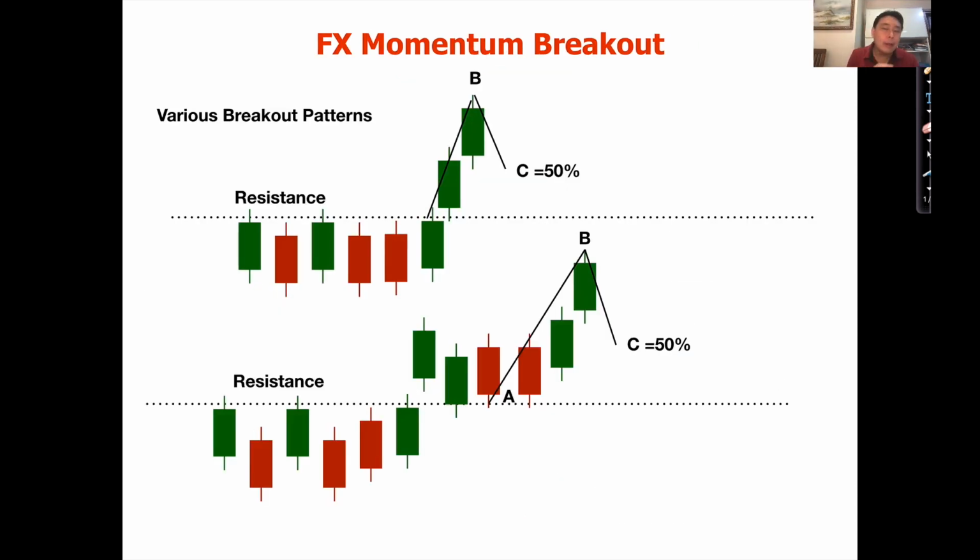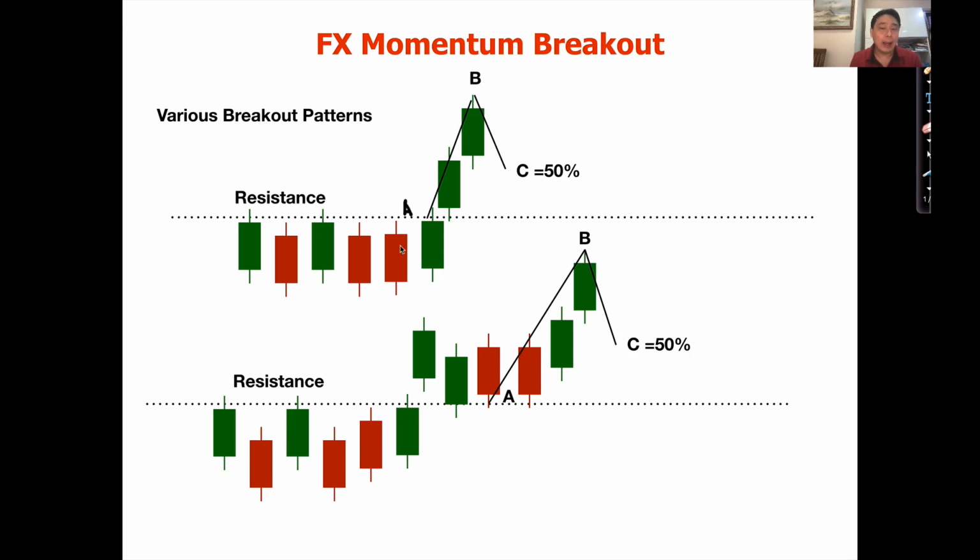Now, here are various breakout patterns that you may see, all right? Because sometimes we may not be clear where's our A, where's our B. So now the first example is a very clear one. So obviously there was a level of resistance over there, and you can see it started moving over there. So again, where's A? A is where our level of resistance is.